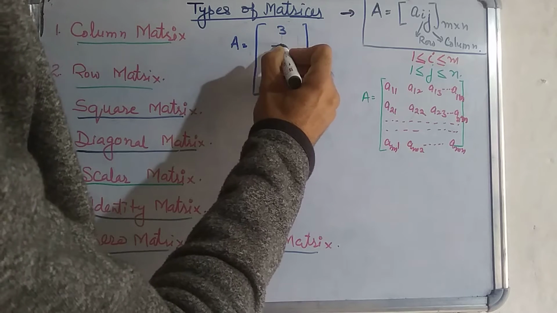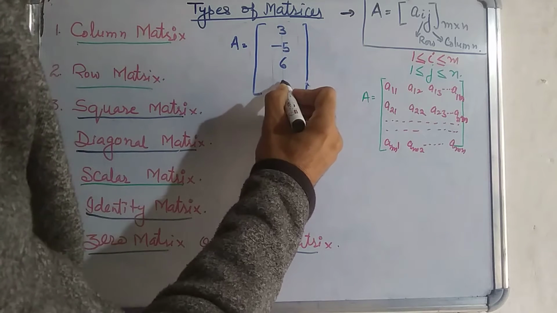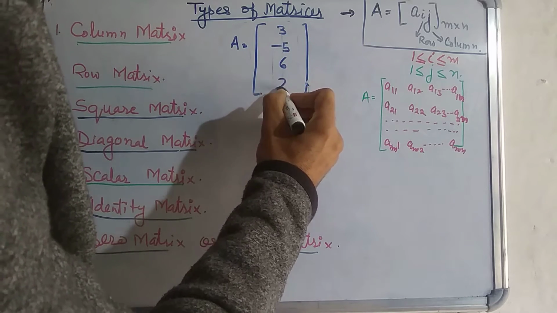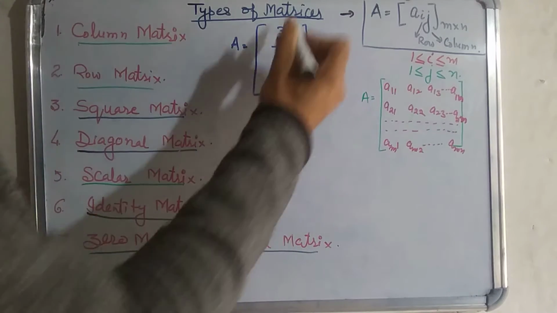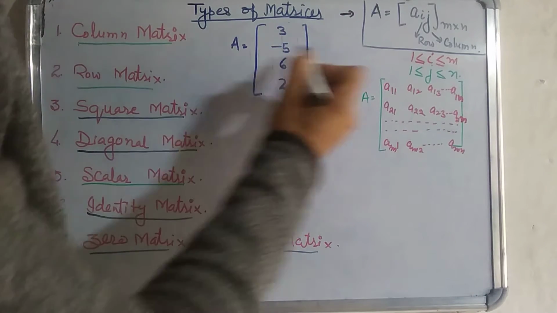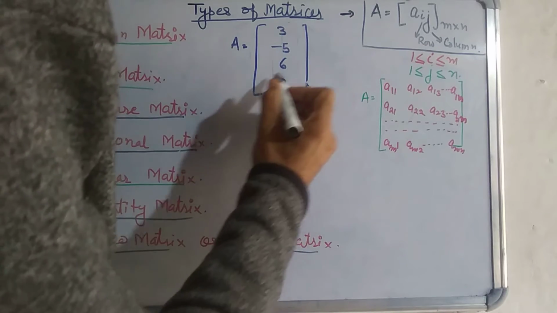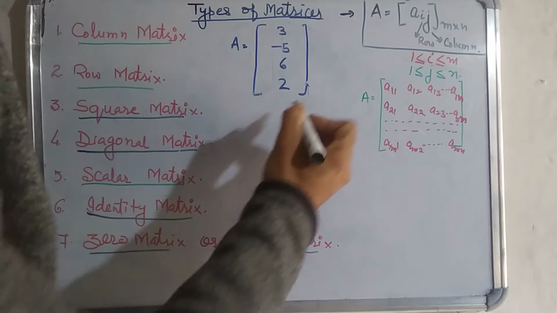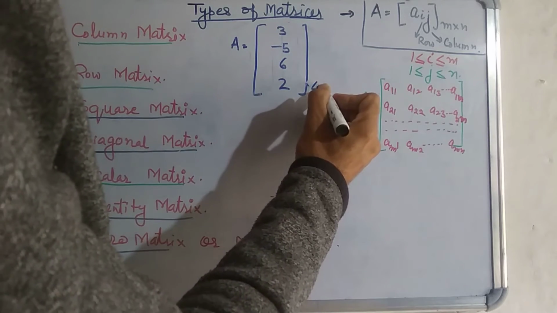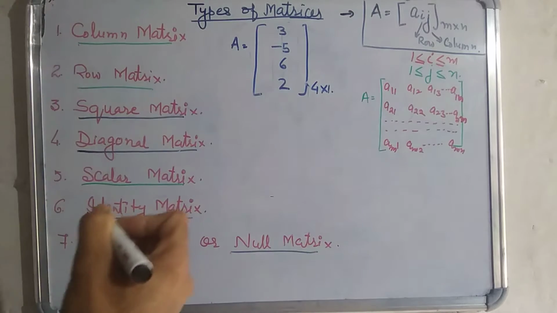3, minus 5, 6, 2. So this matrix has 4 rows, 1 2 3 4, and the column is 1. So the order is 4 by 1.